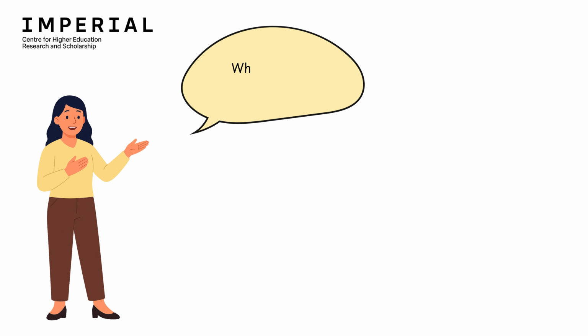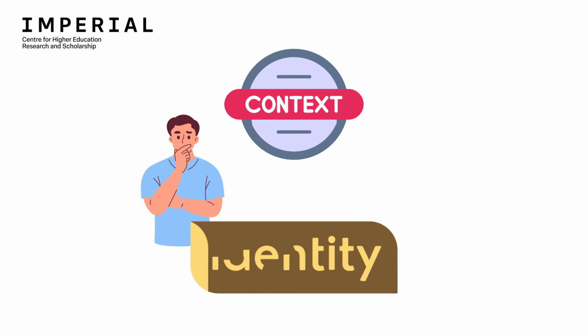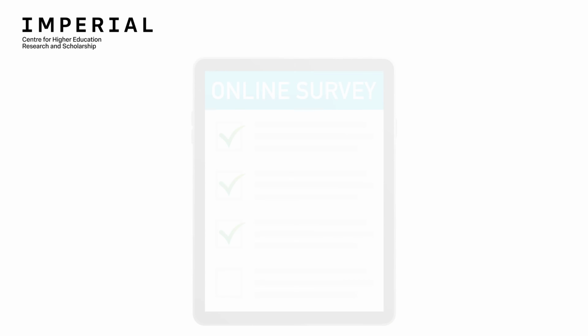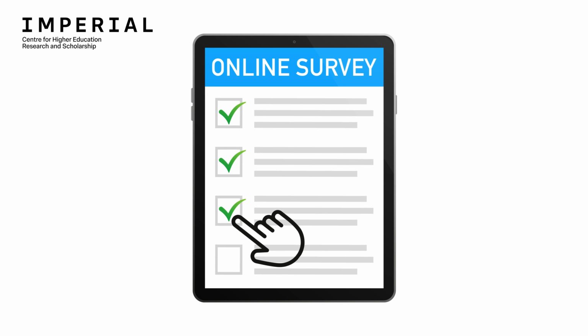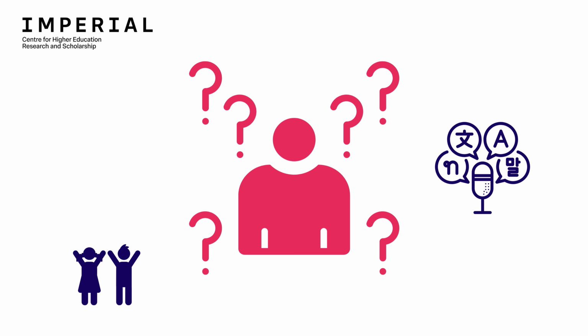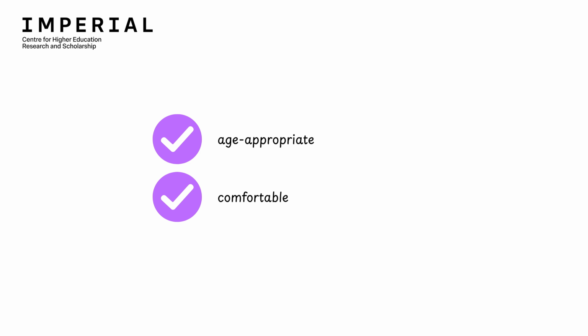Now, consider who your participants are, as selecting appropriate methods also requires an understanding and appreciation of their context and identity. Are they time poor, like busy professionals? If so, then a short online survey may be best. Are your participants young, multilingual, or unfamiliar with academic research? Choose tools that are age-appropriate and that they will be comfortable with.